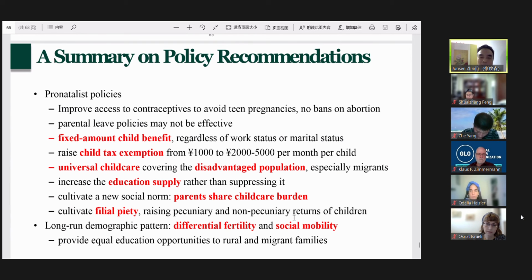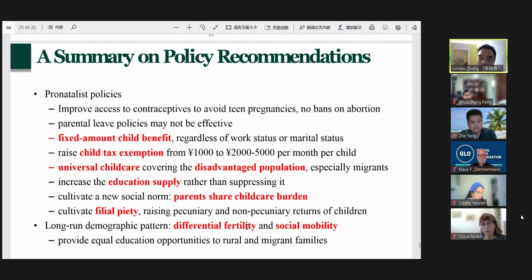And our most important policy recommendation is to leverage on differential fertility and further strengthen the fertility differential, by providing the poor family with strong financial incentives.